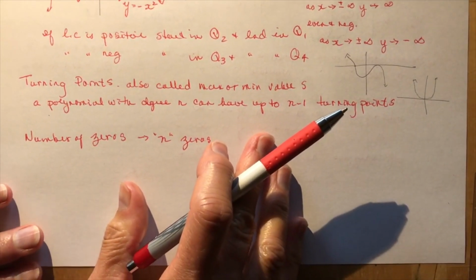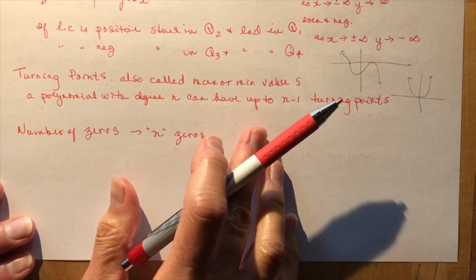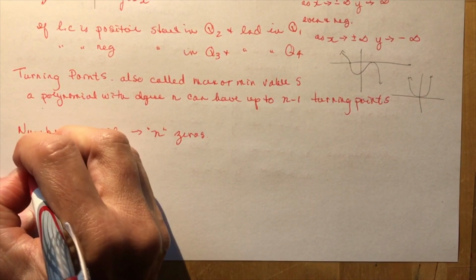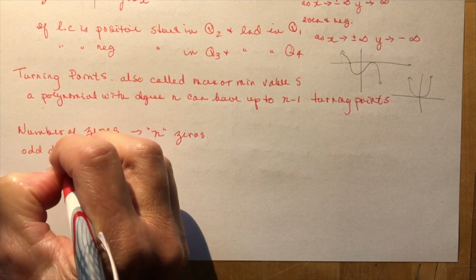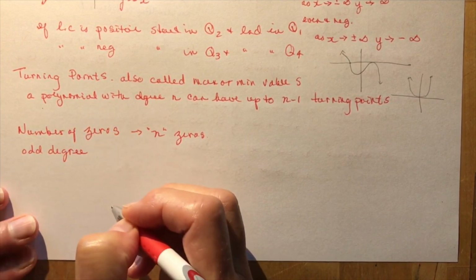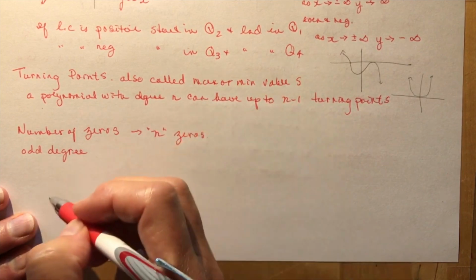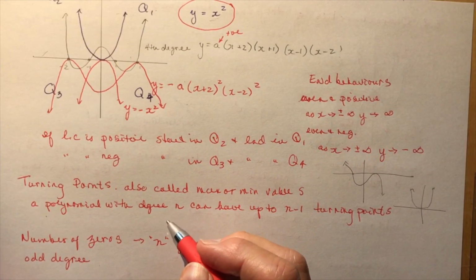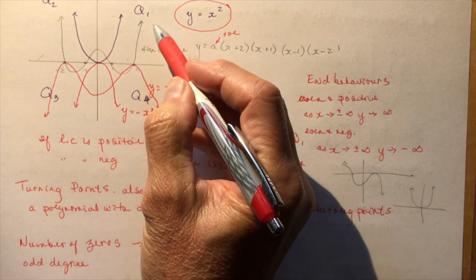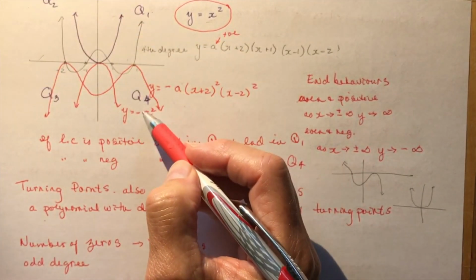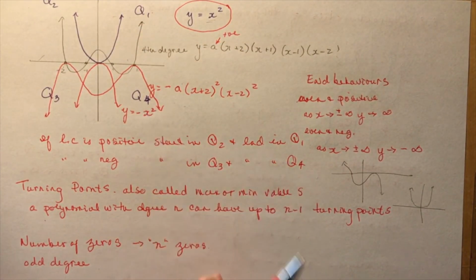Now, if you have an odd degree function, we talked about how odd degree functions go from opposite quadrants. So an odd degree function went from 3 to 1, or from 2 to 4 if it had a negative leading coefficient.